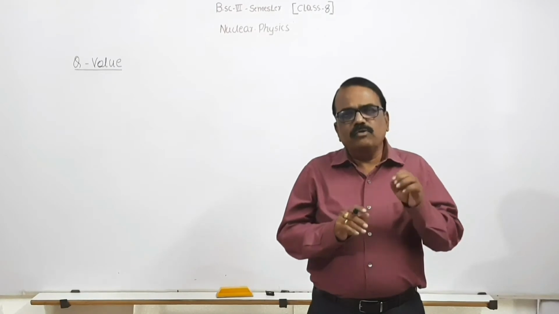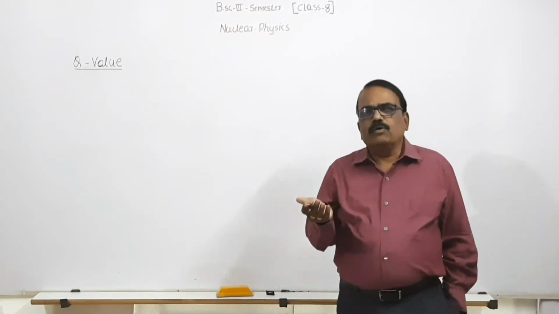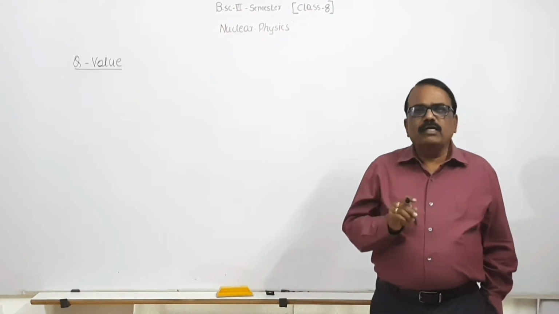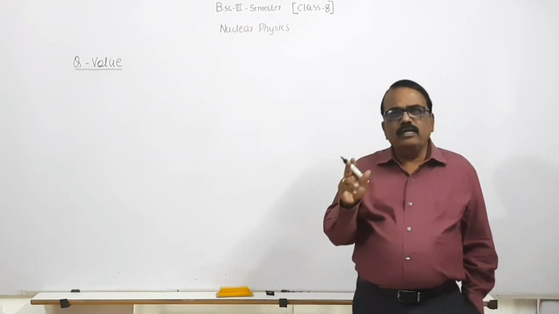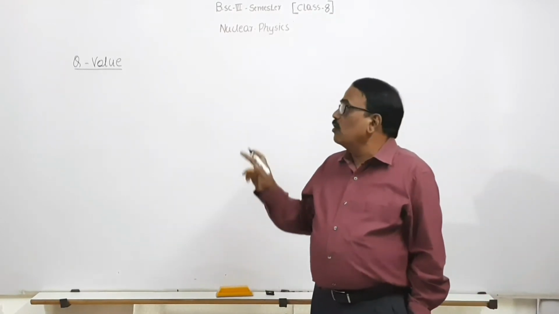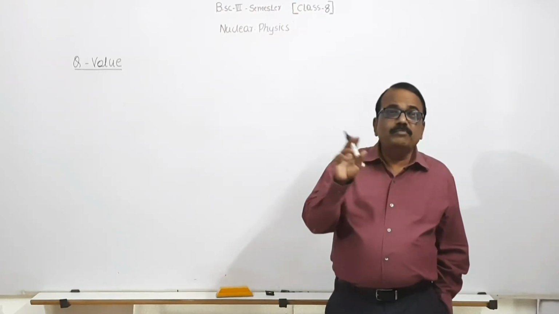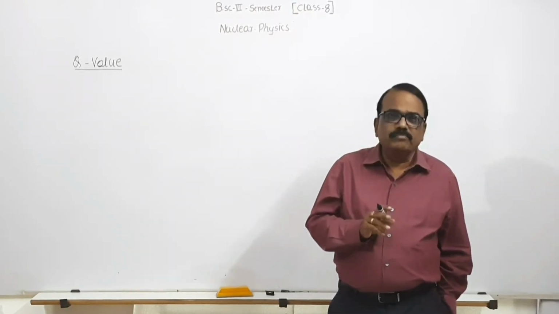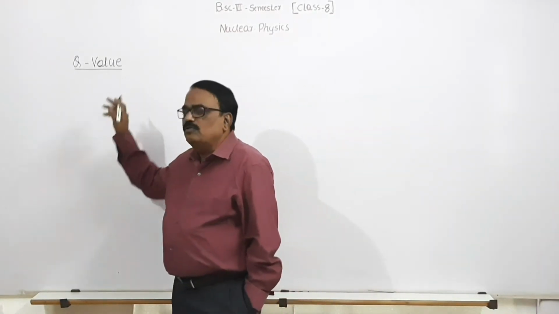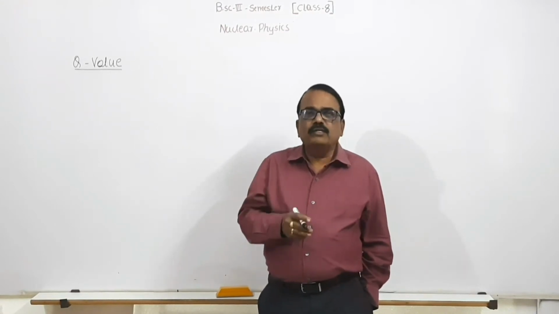So during a nuclear reaction, the energy may be absorbed or released. That energy is called nuclear reaction energy, or simply Q value or energy balance in the equation. This Q value may be positive or negative depending upon the nature of the reaction.